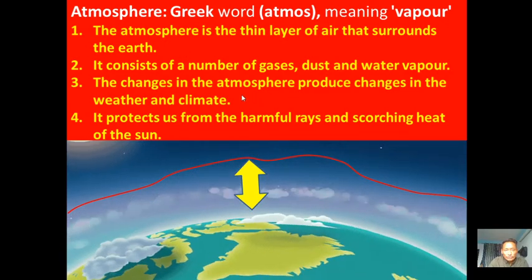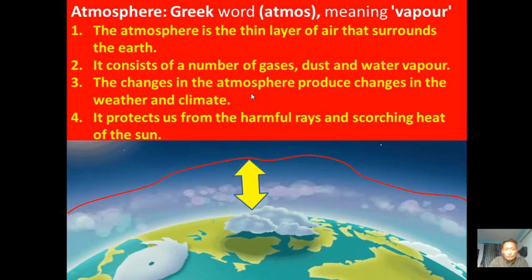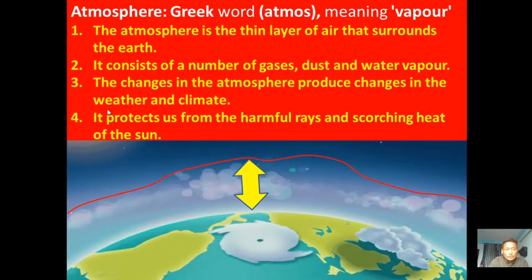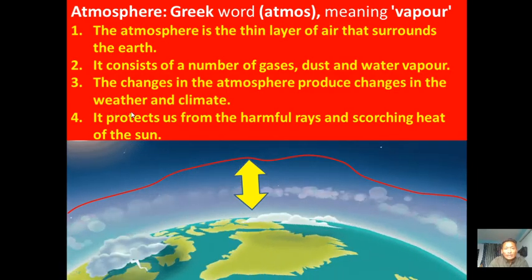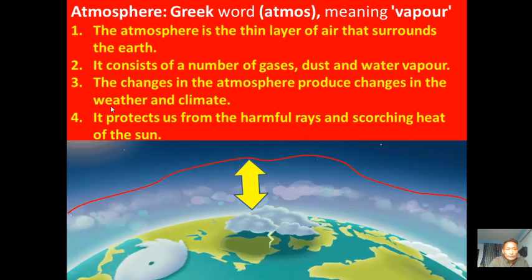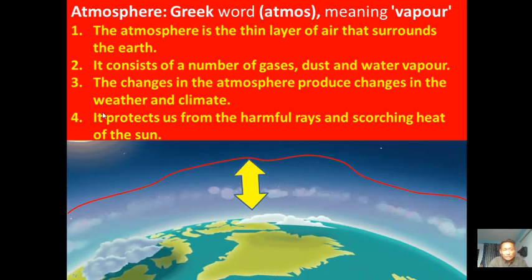The atmospheric condition is temperature, rainfall, cloud formations. All these are atmospheric condition. So day-to-day change in atmospheric condition, that is called weather. And weather is a day-to-day change.